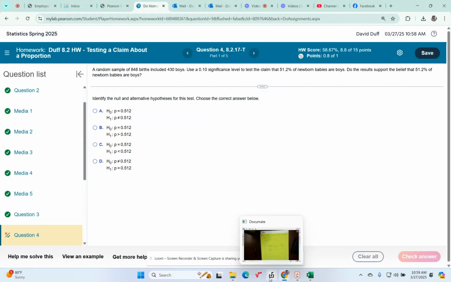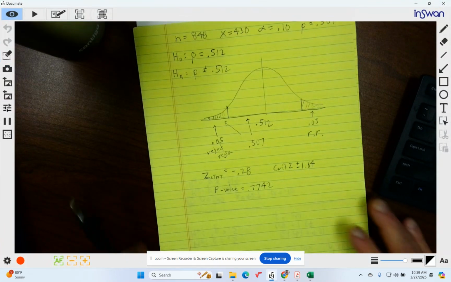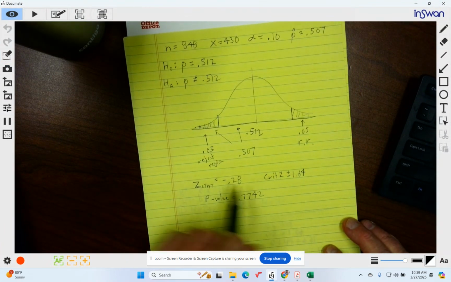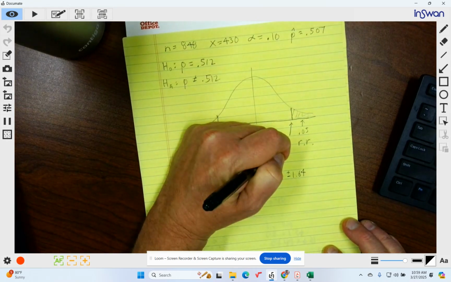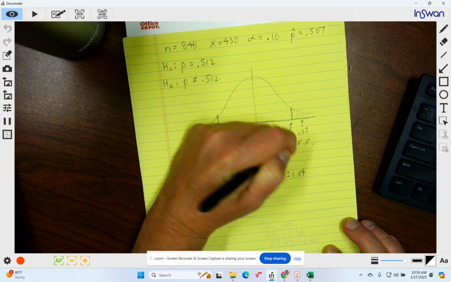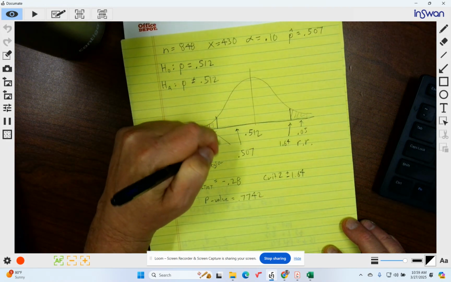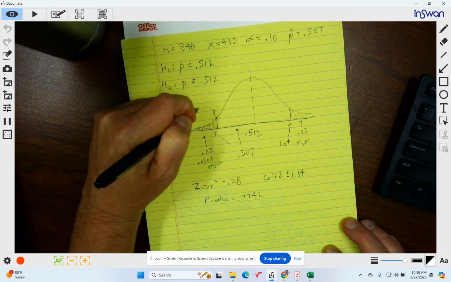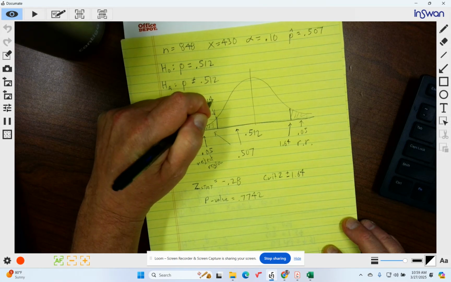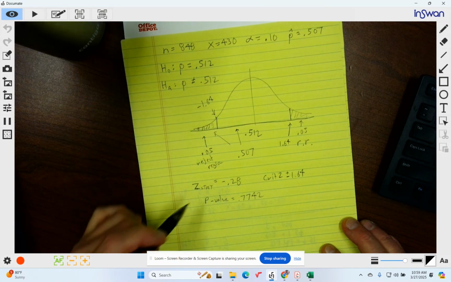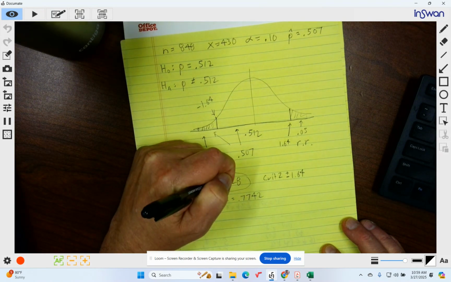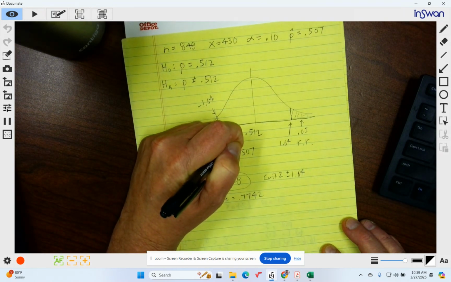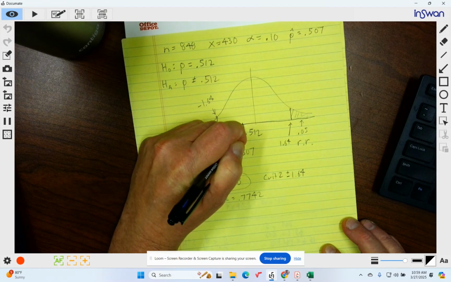So I'm going to go back to this piece of paper I've been writing on. So these critical values, that tells us that we have 1.64 there, and then this line right here will be negative 1.64. Our test statistic is negative 0.28. So that's going to be like here somewhere, right?